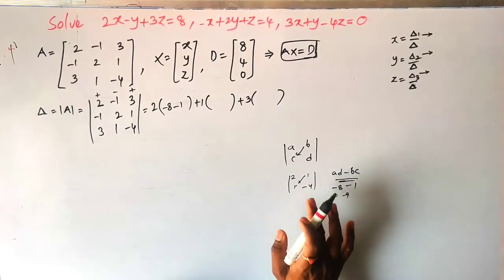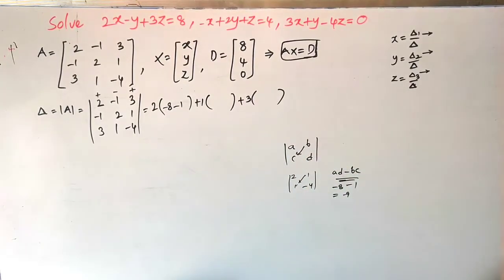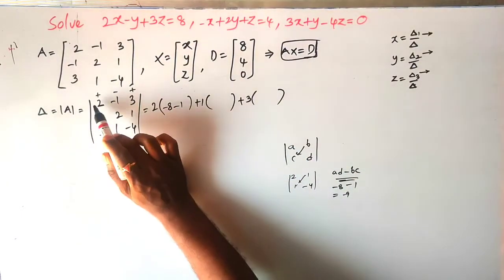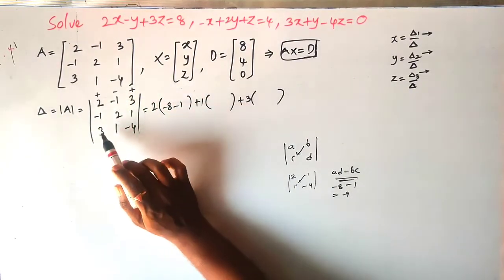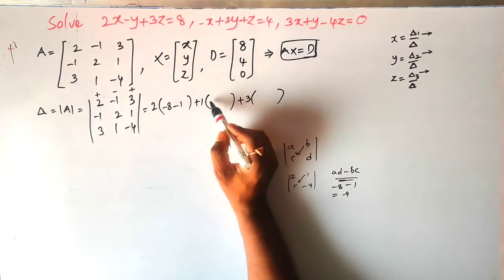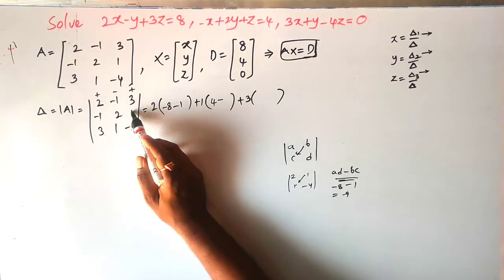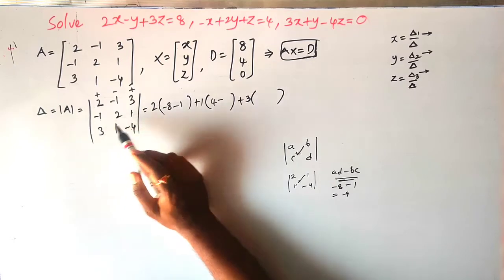The same process we follow for the remaining elements. Minus 1 is in first row, second column; except that row and column we get 1, 3, minus 4. So AD is 1 into minus 4, which is minus 4, minus BC, where B is 1 and C is 3, 1 into 3, which is 3.